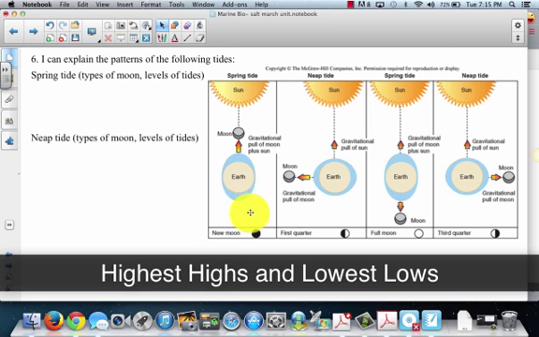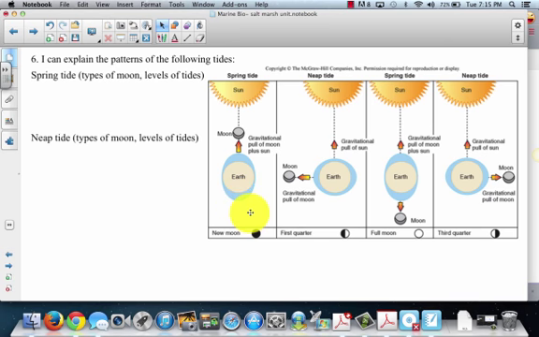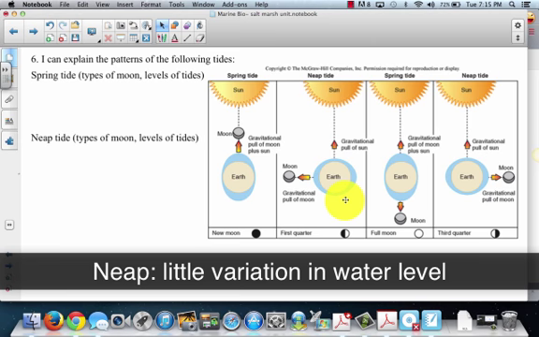And what that means is your high tide is going to come more on land than it does at any other moon, but your low tide is going to go further out to sea compared to any other low. A neap tide has generally the same, there's little differences between a high and a low. So that's where you're not going to see a huge distinction between a high tide and a low tide.